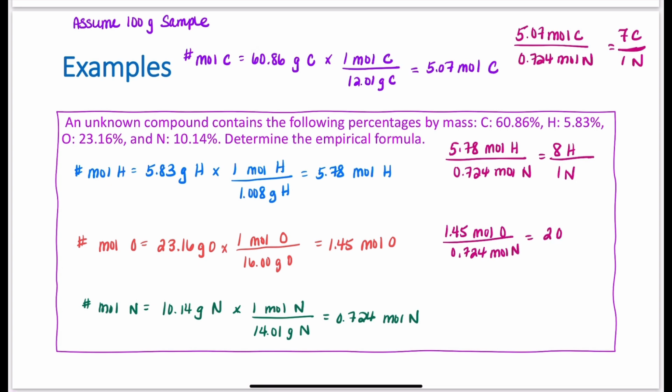This gives me a value of 2. So that means 2 oxygen for every 1 nitrogen. So I've got 7 carbons, 8 hydrogens, 2 oxygens to every 1 nitrogen. C7H8O2N is my empirical formula.